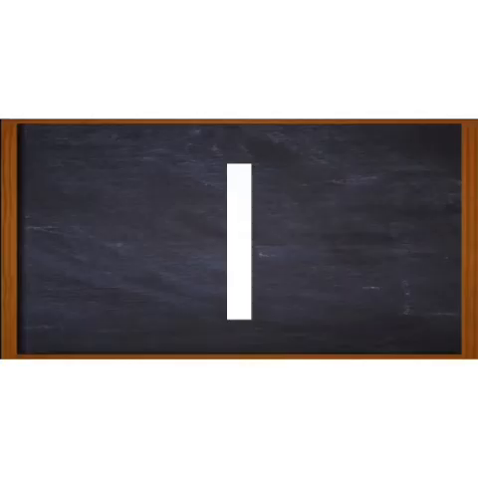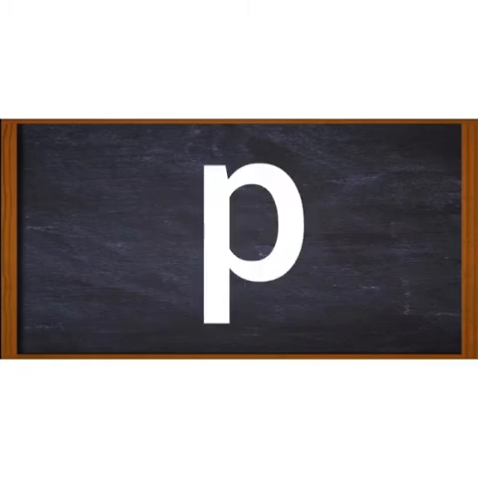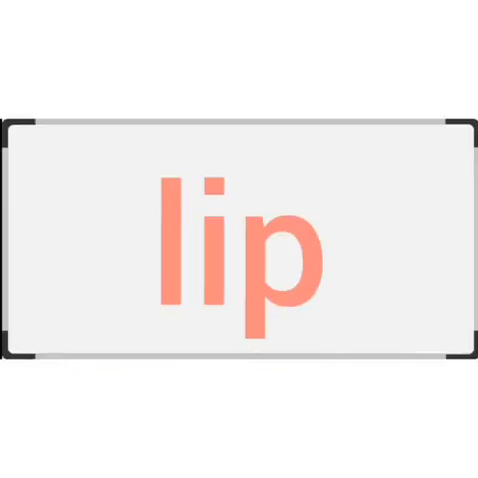And then the last one we have here is what? Letter L. Letter L sounds l. The next one, i. The third one, P. And then we have l, i, p. Very good.